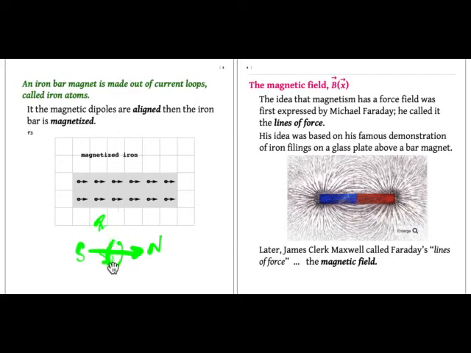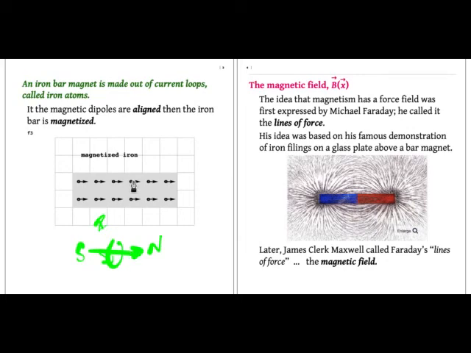And then the attractions and repulsions of those dipoles, which occur on the atomic scale, explain the attraction and repulsions of the bar magnet, which occurs on the macroscopic scale. So the reason there are forces between bar magnets is because there are forces between the aligned atomic dipoles.